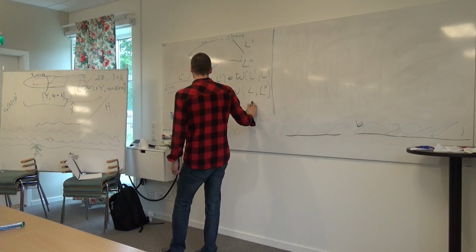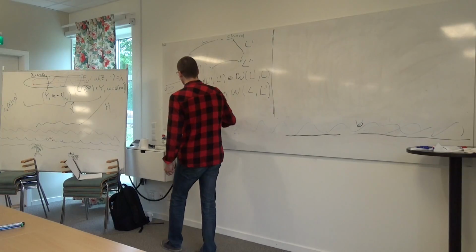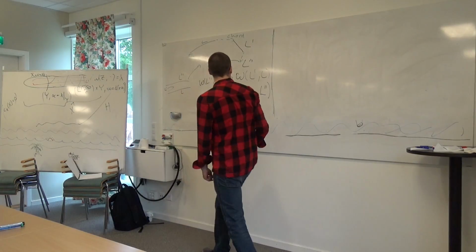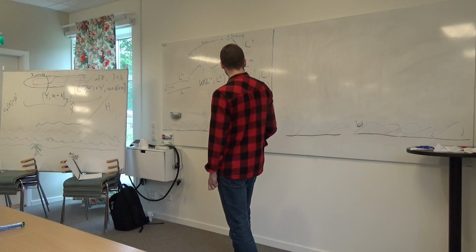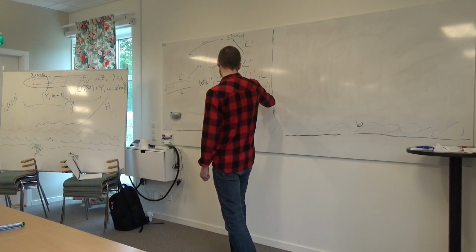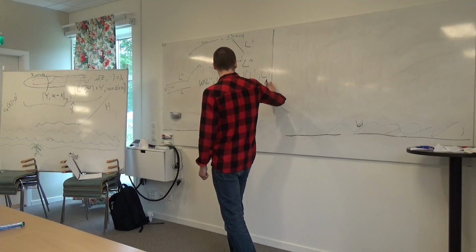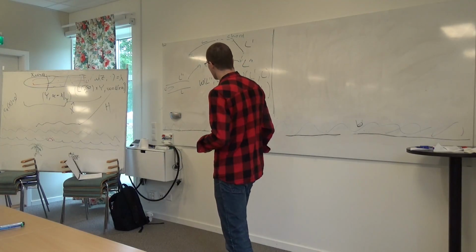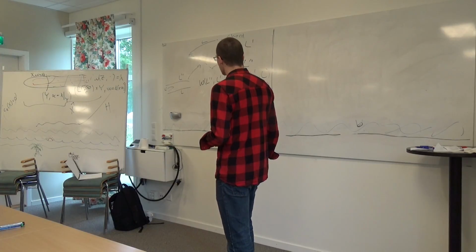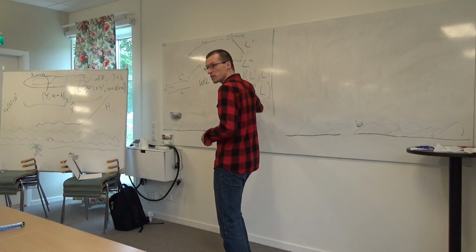You have from L double prime to L prime, and then from L prime to L, right? So it should go from L double prime to L. Is that consistent with the picture? I'm not sure, it depends on your convention. Okay, this is what you wanted?